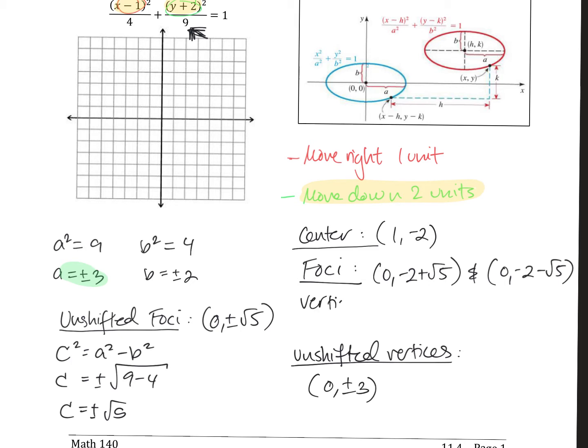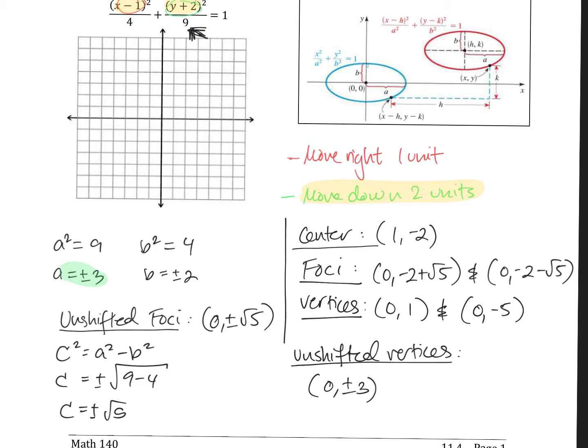And then, the vertices that are shifted, well, what do we shift the a values by? We're shifting down 2 units from positive or negative 3. So that'll be 0, and then -2 plus 3, so that'll be 1, and then 0, -2 minus 3, so that'll be -5.